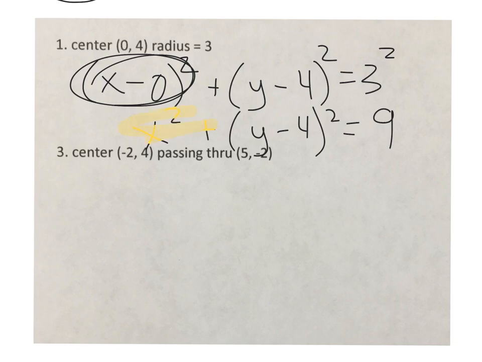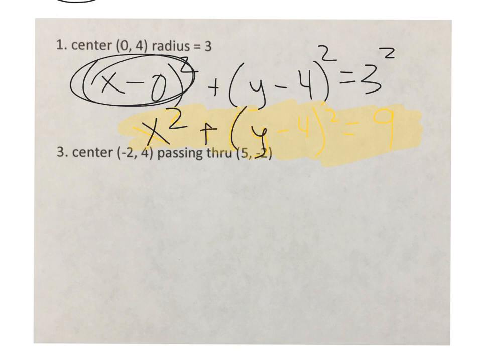So that would be the correct answer for this circle with a center at 0, 4 and a radius of 3. Now you can't see that at all. Write it again. x squared plus (y minus 4) squared equals 9.